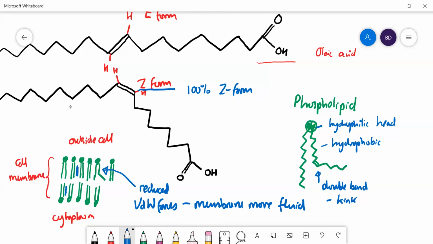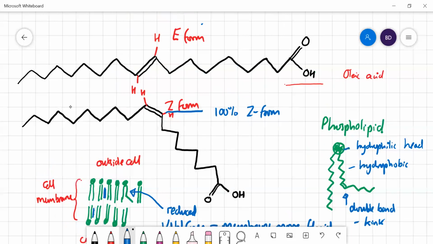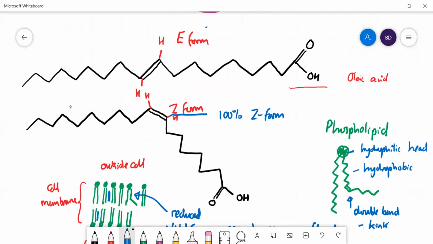So, as you know, blood cholesterol levels and how much unsaturated fat you have in your diet are interrelated. You probably also know that saturated fats tend to raise your blood cholesterol, and unsaturated fats tend to lower the blood cholesterol.